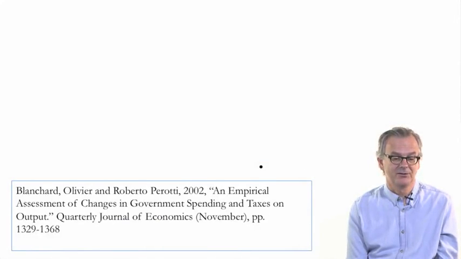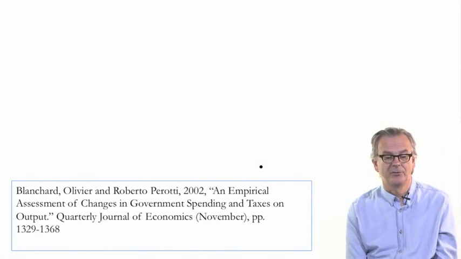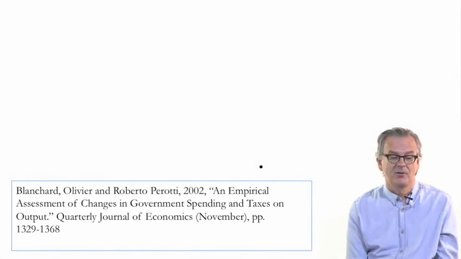I just want to give you a flavour of that literature by outlining the conclusions from one of the best-known papers in this tradition, a paper by Olivier Blanchard and Roberto Perotti in the Quarterly Journal of Economics, which I'm sure you can find in a library if you wish to read the entire paper, that looked exactly at this question. What does the empirical evidence suggest would be a reasonable number for the government expenditure multiplier?